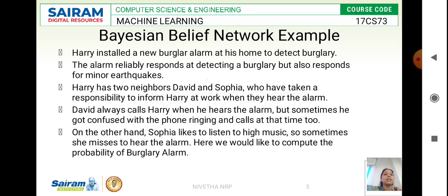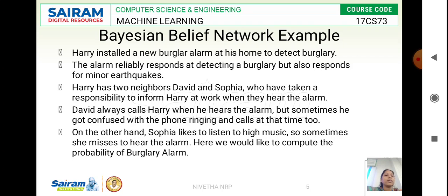The first is that David sometimes confuses the alarm with the ringtone of his phone. Whenever a phone rings, he misunderstands that as an alarm and informs Harry. This is one case where the input itself is wrong. The other is that Sophia sometimes likes listening to music, and when she is listening to music she may miss the alarm.